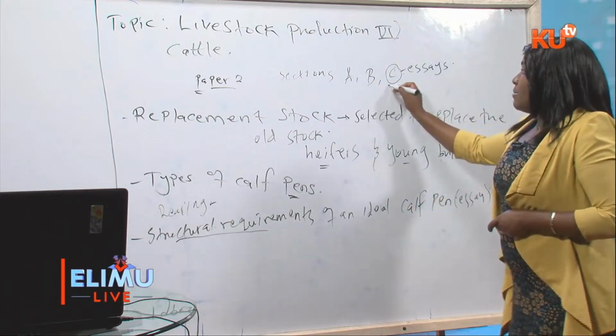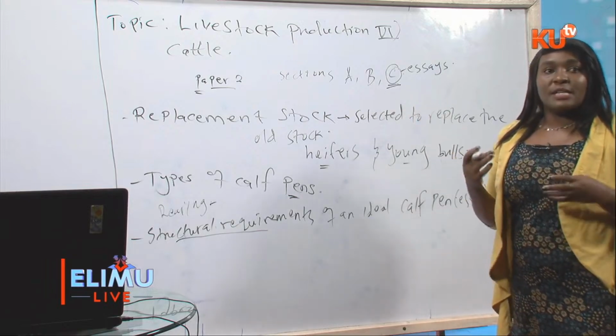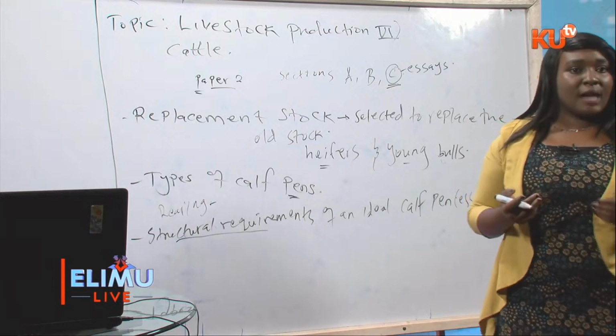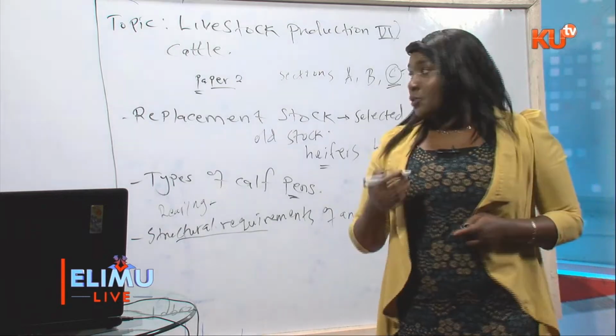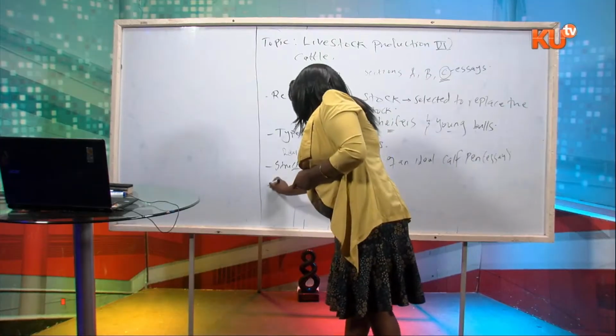So you can be sure that in this particular section, you are required to capture as many points as you can, so that you are able to scoop the highest score in your exam.